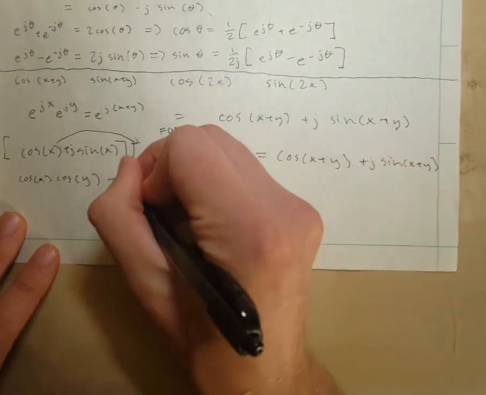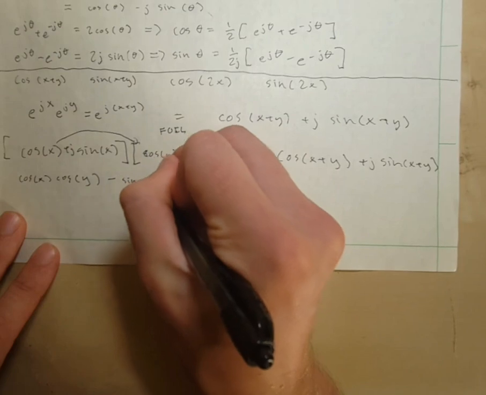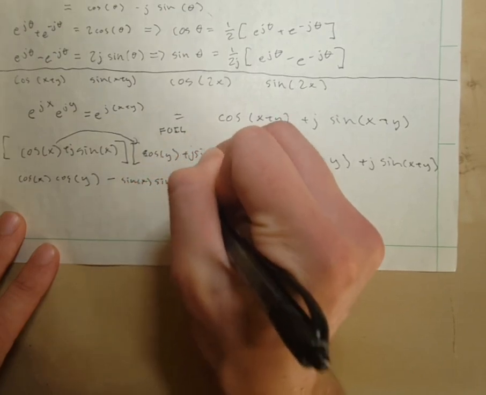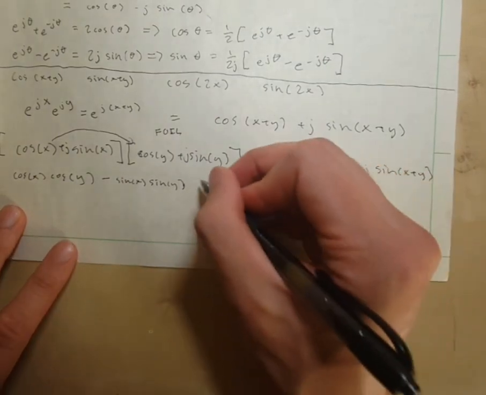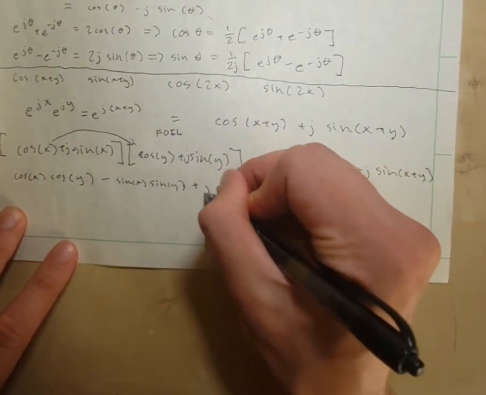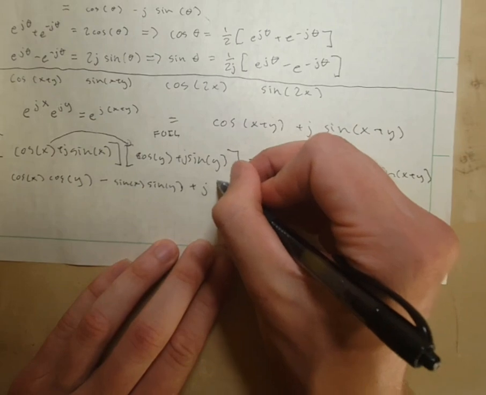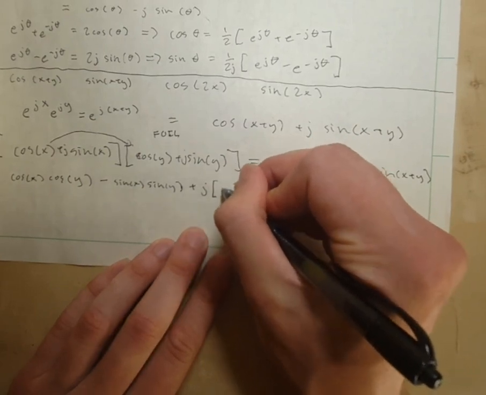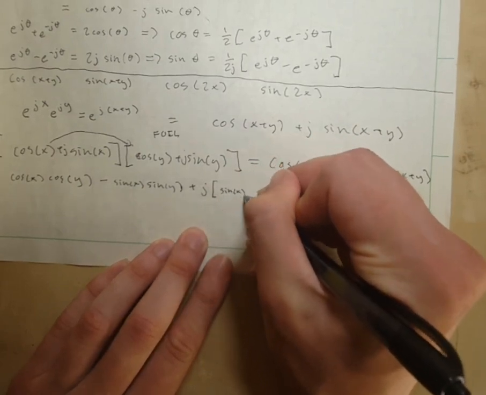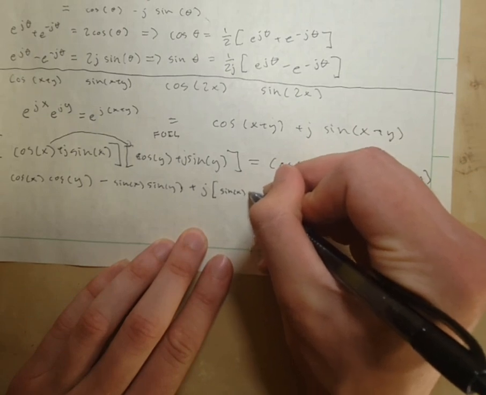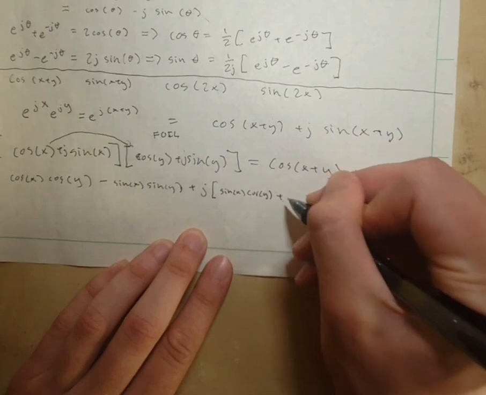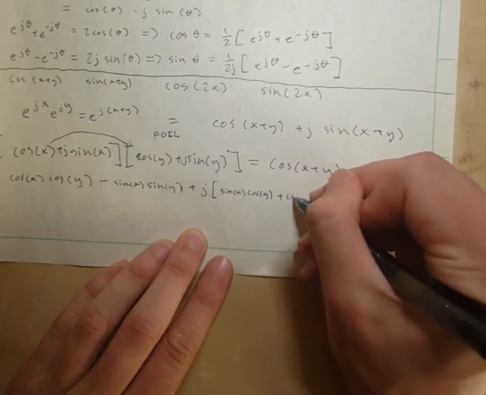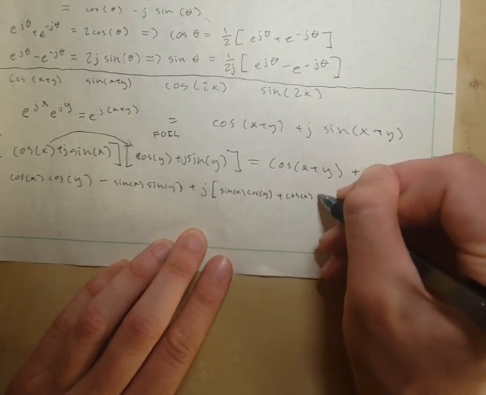So we're going to get minus sine x sine y, and then we're going to get plus our imaginary term, which is going to be plus sine x cosine y plus cosine x sine y.